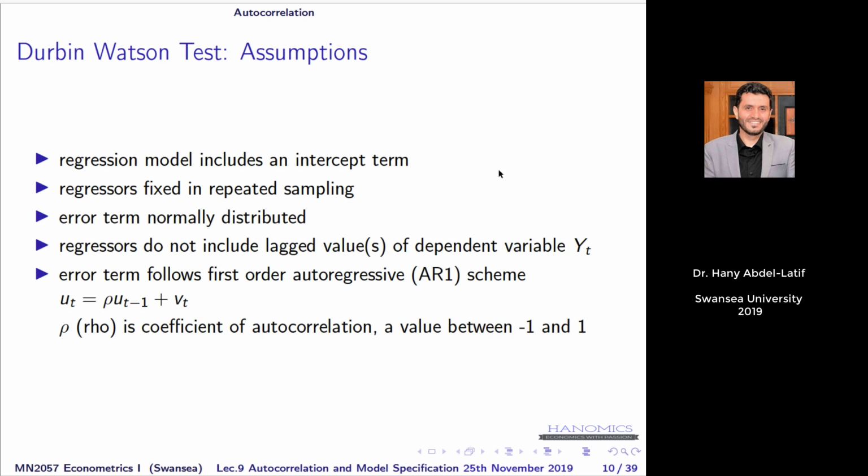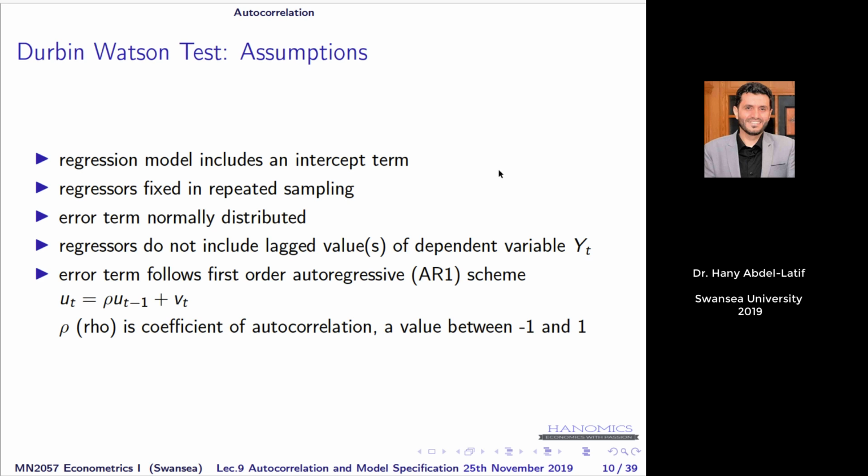But as I said, you still need to formally test for autocorrelation using a statistical test. The first test we look at is the Durbin-Watson test, okay? But before we run the test, you should know the assumptions under which this test is performed. So these are the assumptions.